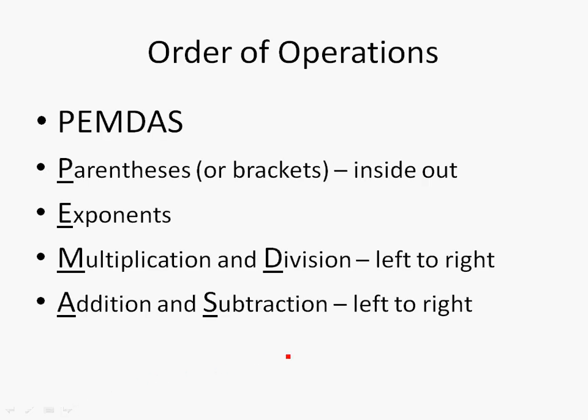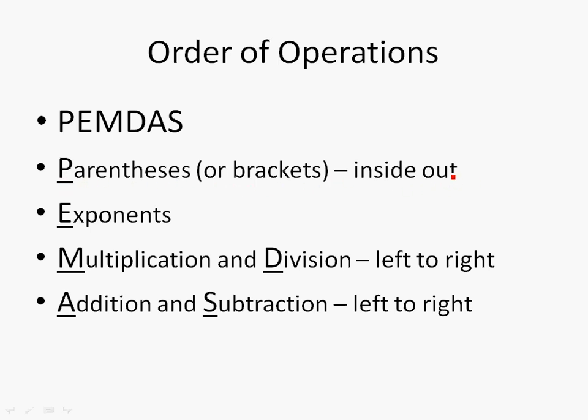In order to be consistent and get the same number every time we evaluate expressions, mathematicians had to agree on a common order of operations. You may remember using the acronym PEMDAS, which stands for parentheses or brackets.